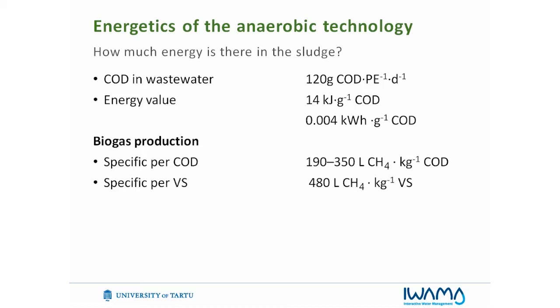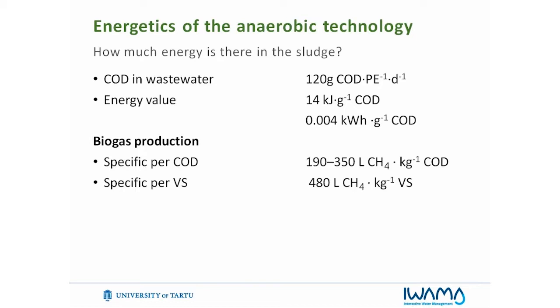I skipped a little bit about the energy content because it was told already. It's all about the energy which is in the wastewater, so we talk about the COD of the wastewater. We gain an energy value of about 0.5 kilowatt hours per person equivalent per day, roughly. And we have standard numbers for biogas production, which is quite a big range because it depends very much on the substrate.